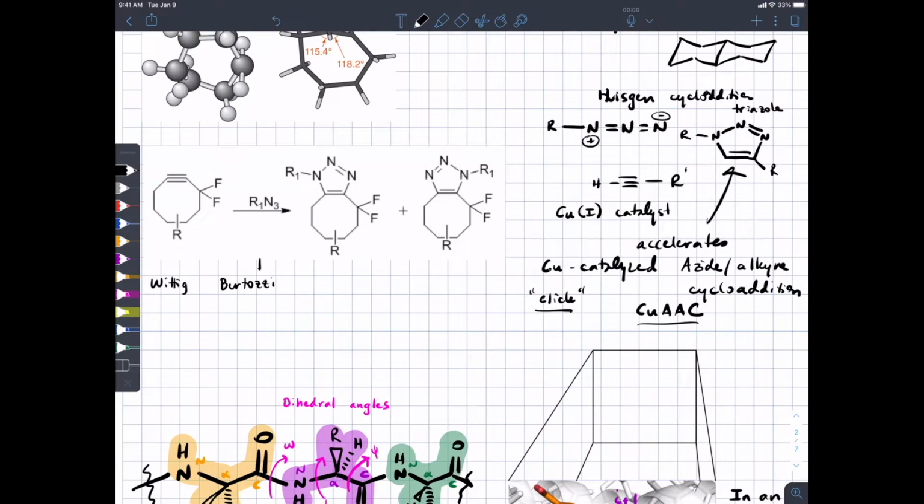So a lot of people have used this reaction for a lot of different purposes. But one of the things that people have wanted to do is to use this in the presence of biological systems. What if you could somehow get a protein to incorporate an azide?